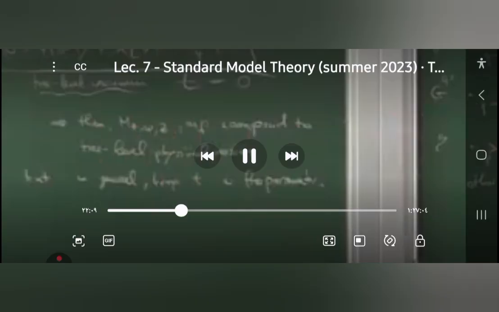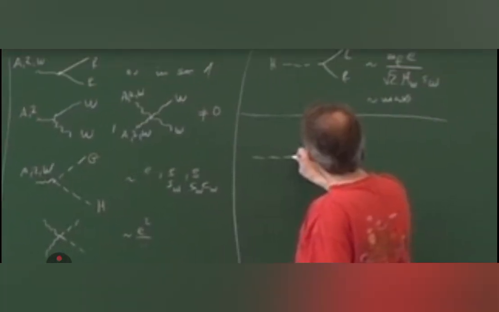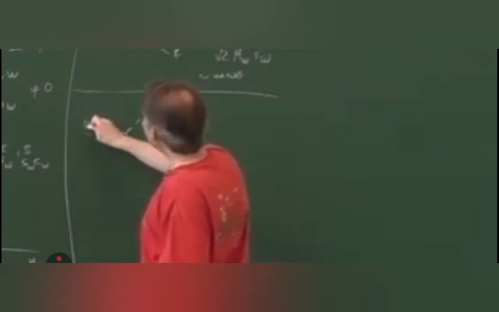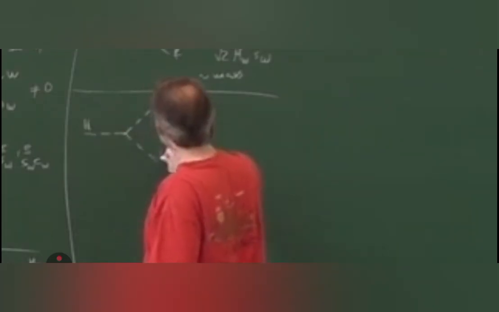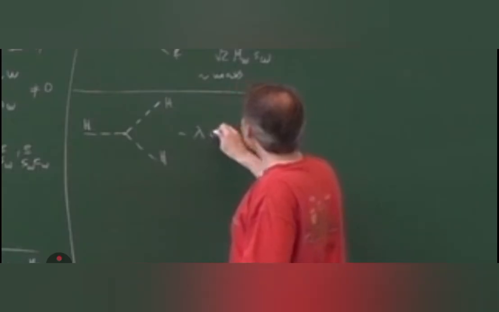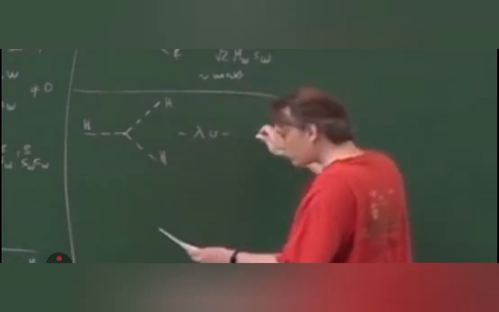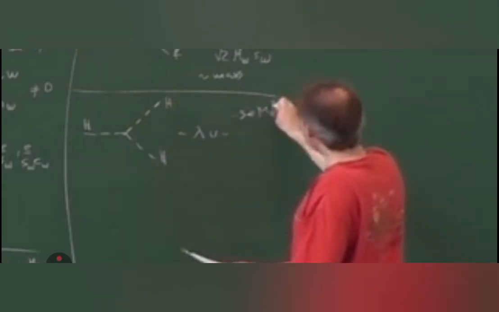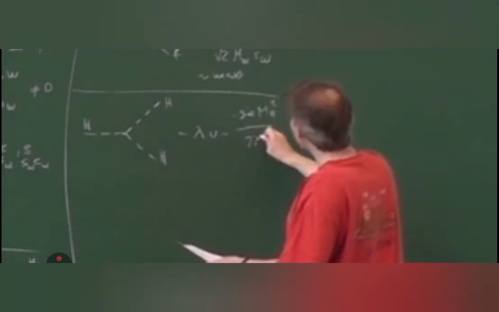So in particular, we can read off the triple Higgs interaction as one example, most important example. That is proportional to lambda times V, and you can write this then as -3 times i e M_H squared divided by 2 M_W s_W.